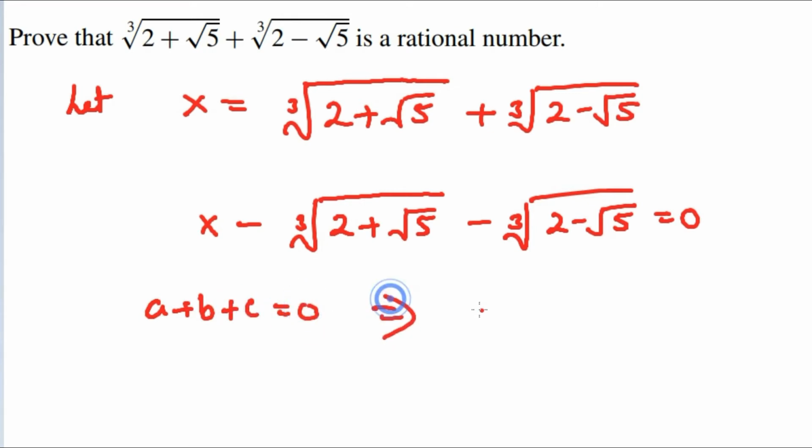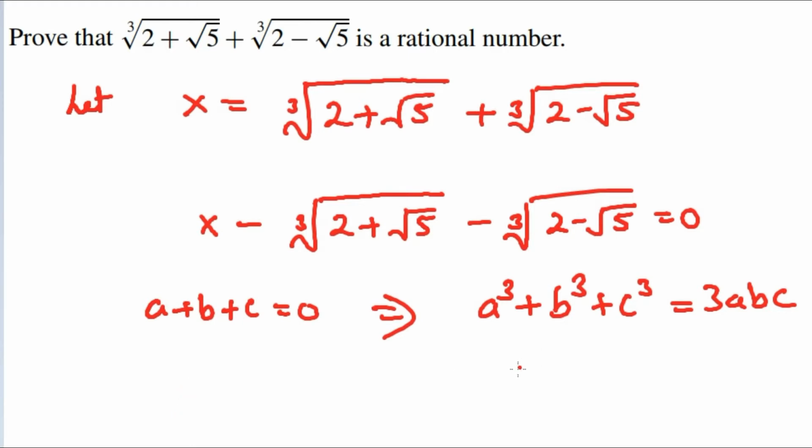So we can reduce this in the cubes: a cube plus b cube plus c cube is going to be 3abc. And you know the cube of a negative number is negative, so these two terms are negatives, and when you remove the cube root, it's negative only.